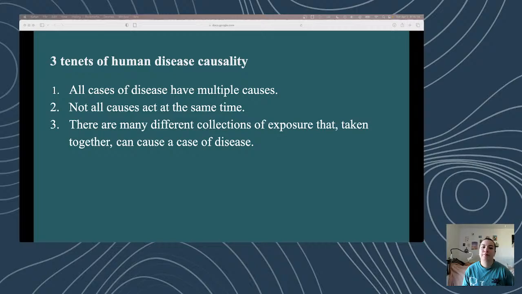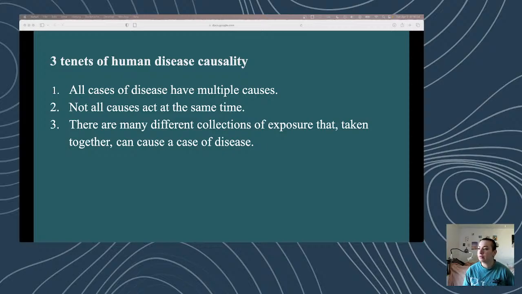From your book, I just said that causation is a multifactorial process. These are the three tenets of human disease causality. The first is a statement basically saying that it is a multifactorial process. All cases of disease have multiple causes. The second tenet is that not all causes act at the same time.